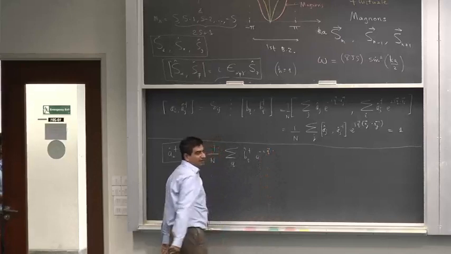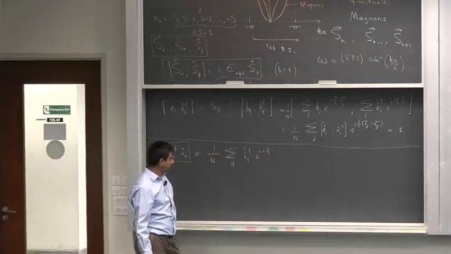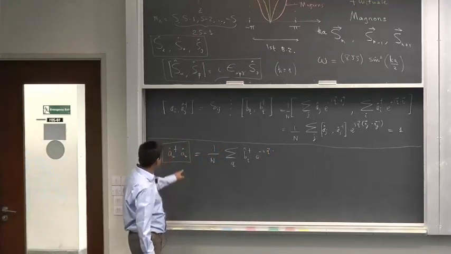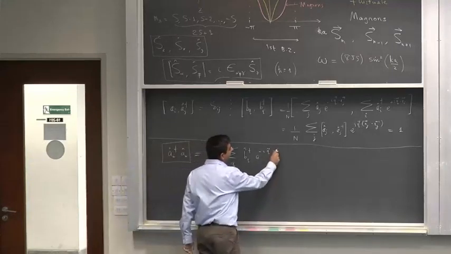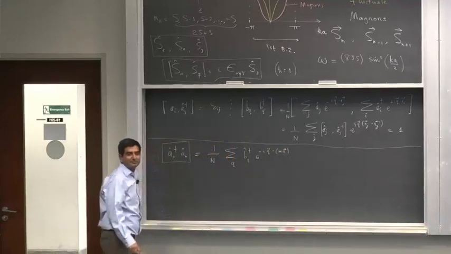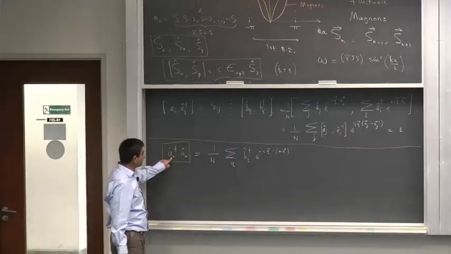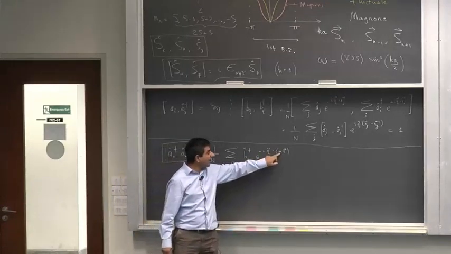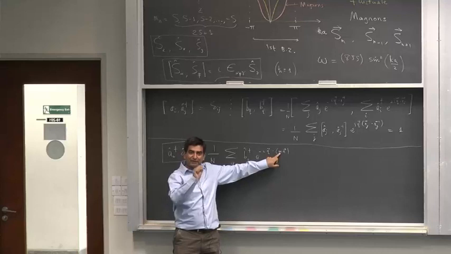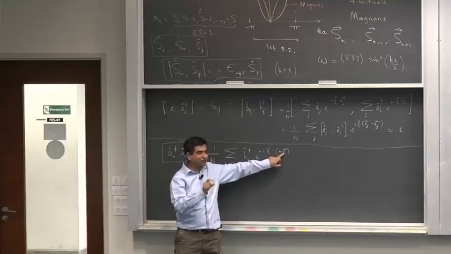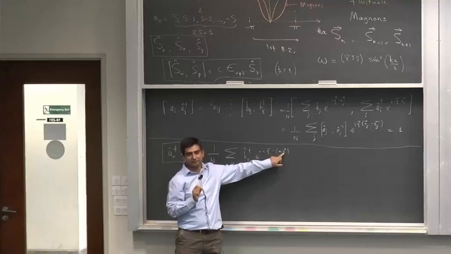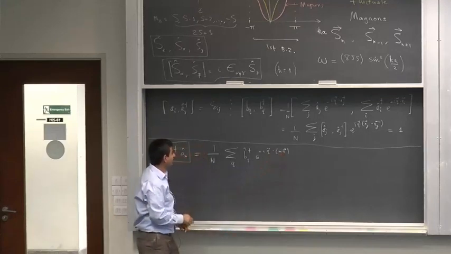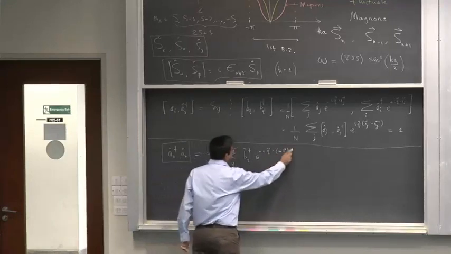Now what is R_j here? Since I'm talking about m, R_j is really m times the lattice translation vector a. If I had a_j here, this would be R_j. If I have a_m here, this is R_m. The position of the mth site is an index into the lattice translation vector a.